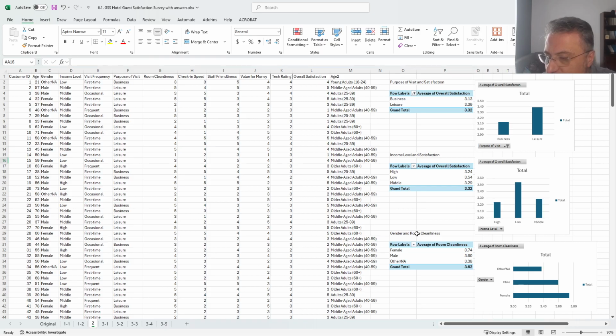And females also put a higher score in the room cleanliness. Once again, these are just to give you some ideas. If possible, try to think about the possible reasons for this. But once again, these are some of the descriptive approaches.